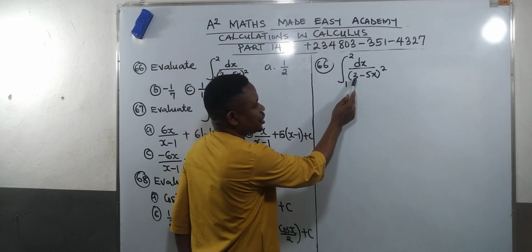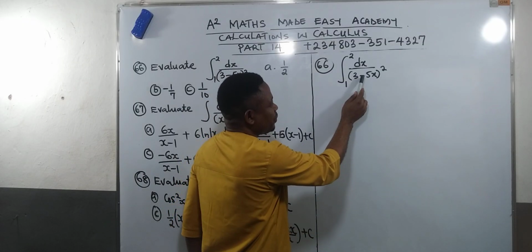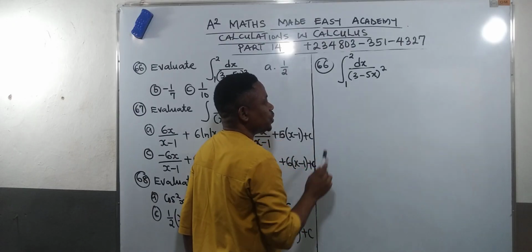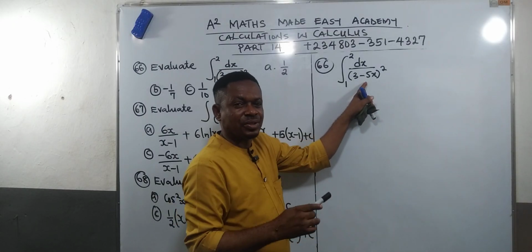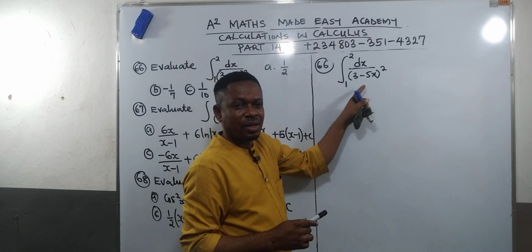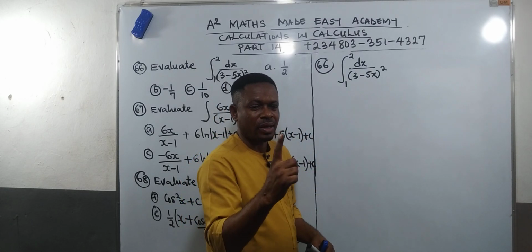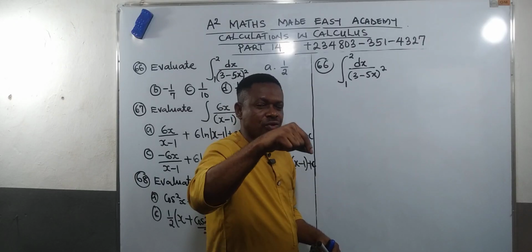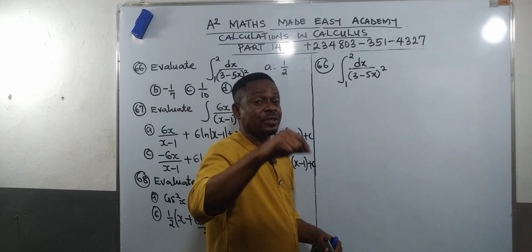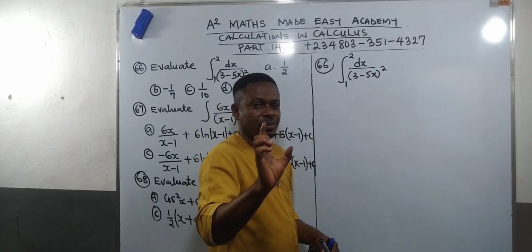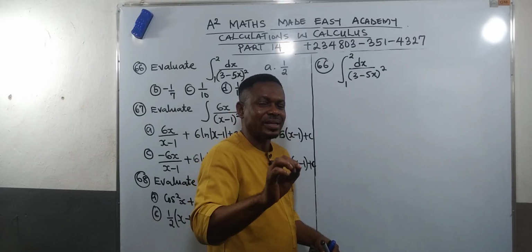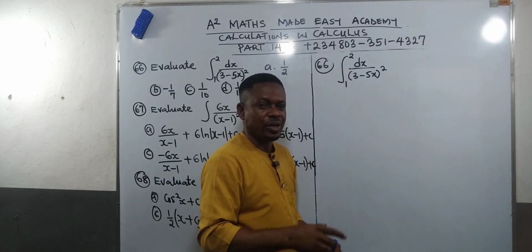If you differentiate 3, it's already 0. Then differentiate minus 5x, it will give you minus 5. Can you see that x has disappeared? So I'm going to use the shortcut method to solve this problem first. Then after that, I will use what we call the integration by substitution method, for those that are going to write a theory question.